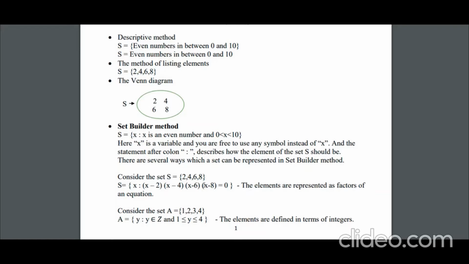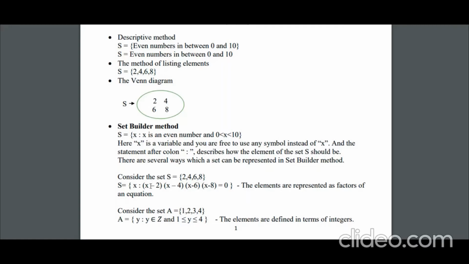If you solve this equation, what are the answers? If this whole thing is equal to 0, then each factor can be 0, which means x is equal to 2, or 4, or 6, or 8, which gives you the elements inside this set. So that is another way you can describe it.